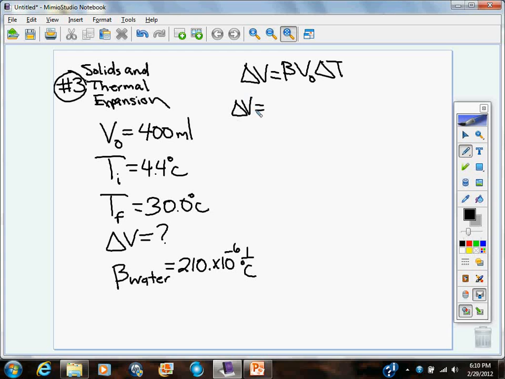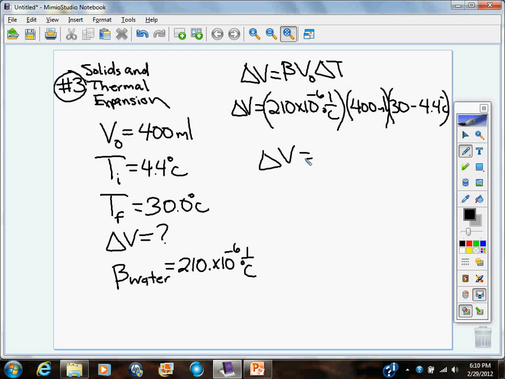So my change in volume is going to be beta, 210 times 10 to the negative 6, 1 over degrees Celsius, times my initial volume of 400 milliliters, times my change in temperature. Change in temperature is always final minus initial. So I'm going to have 30 minus my initial temperature of 4.4 degrees C.